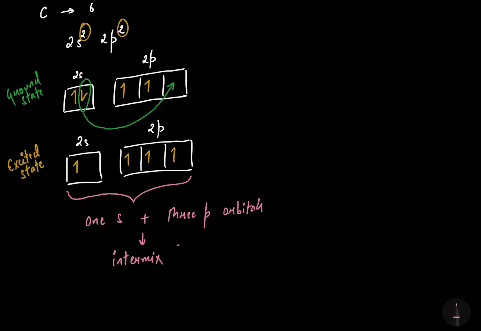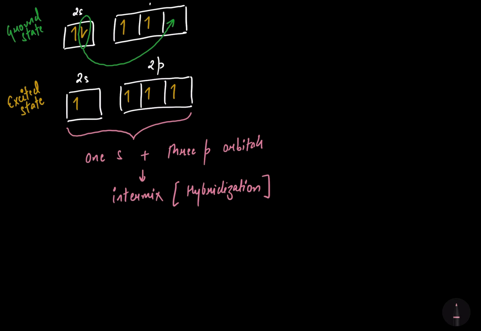And that intermixing of atomic orbitals is called hybridization process. So here total 4 atomic orbitals are mixing, the 1s and the 3p.